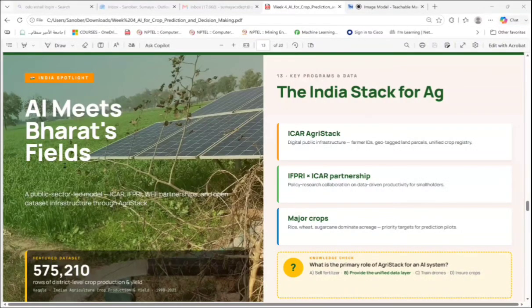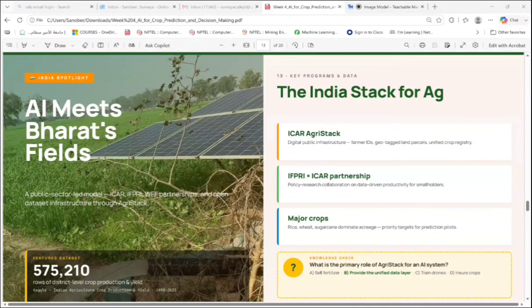Some of these institutions are the Indian Council of Agricultural Research, the Foundation for Policy and Research in India, then Digital Agricultural Stacks, then the Core Agricultural Registry. So these are a few of the firms, government agencies, research institutions, and partnerships that we are following for enabling AI.